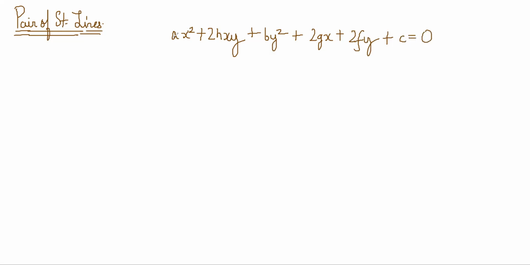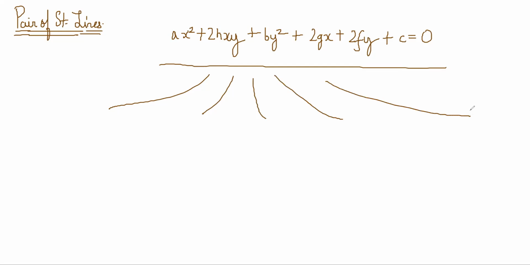So, basically, the idea is that this equation looks very complicated, but it is actually going to represent everything that you learn in coordinate geometry. Coordinate geometry is a study of these 2-degree curves.